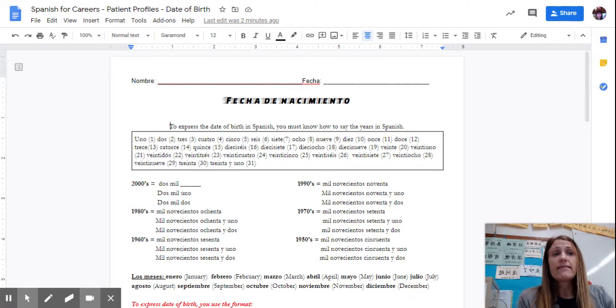So any month in the calendar has up to 31 days in the month. So let's go through the numbers 1 through 31.